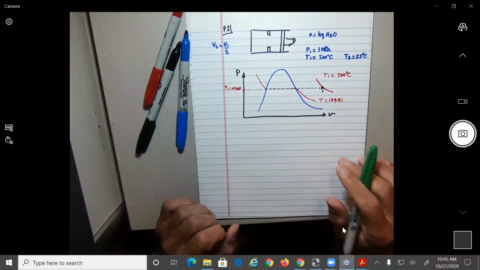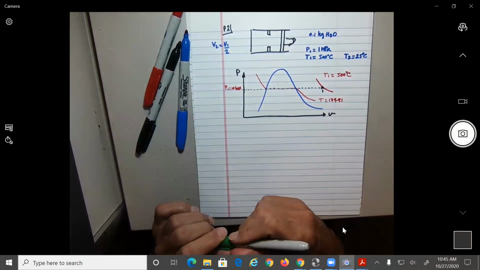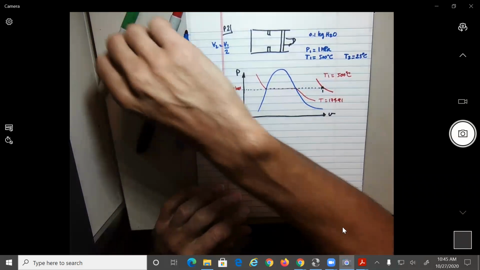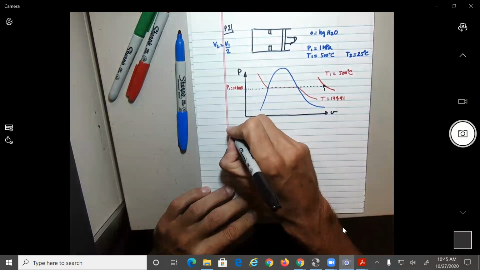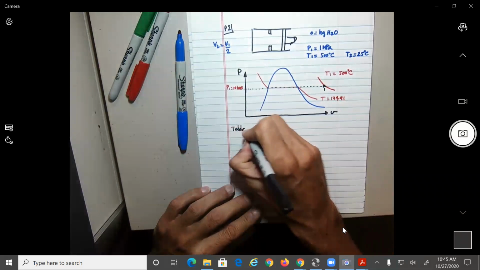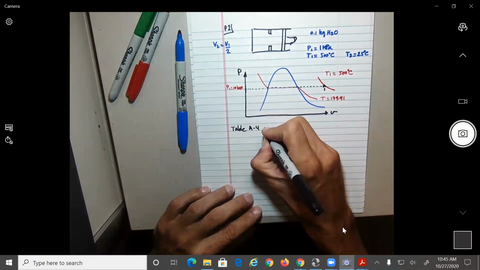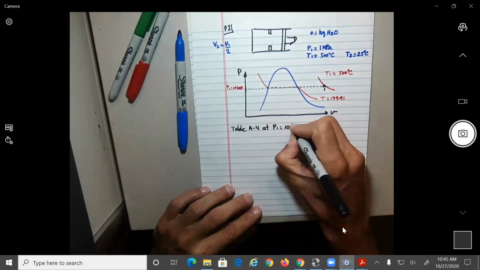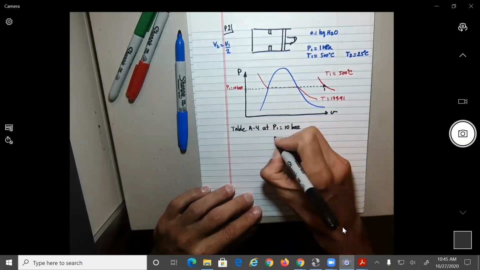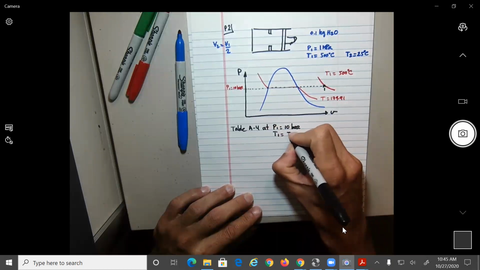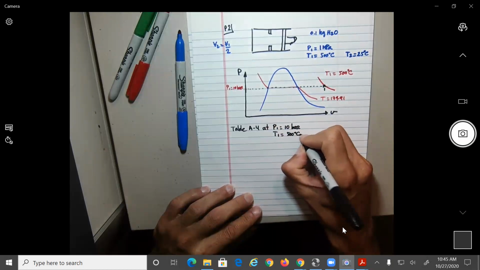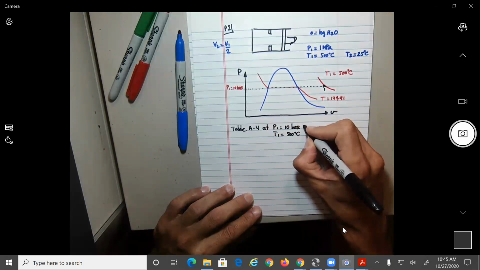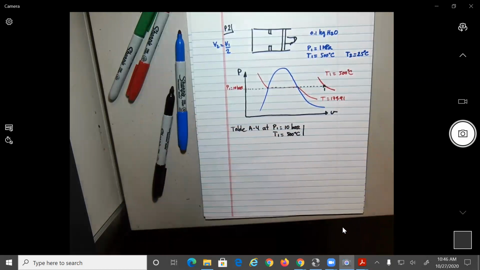From table A4, at P1 equals 10 bars and T1 equals 500 degrees Celsius, what can we get from that table?